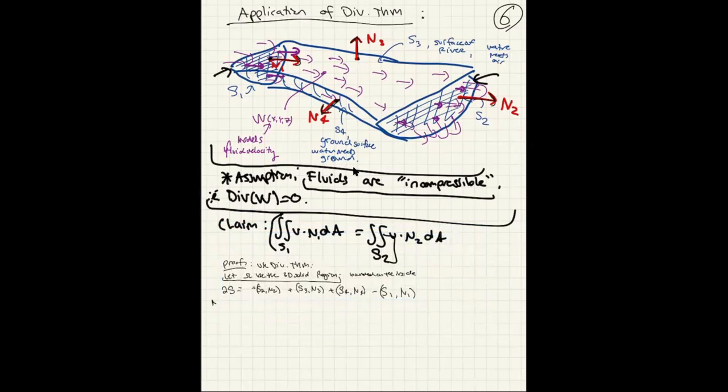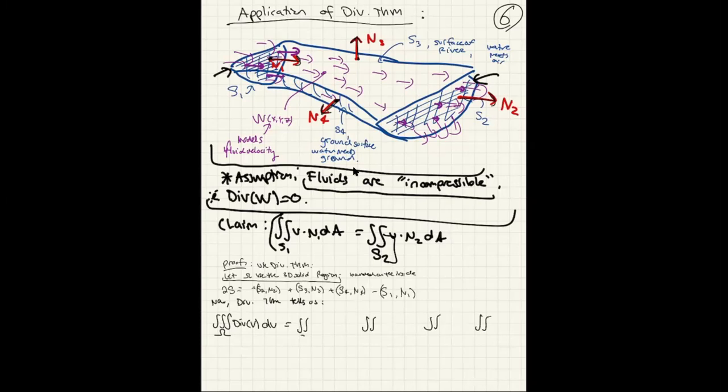Now the divergence theorem tells us that the triple integral of the divergence on the inside is going to equal the flux on the outside, and the flux has 4 components. So I'll write them all out: double integral, double integral, double integral, double integral.